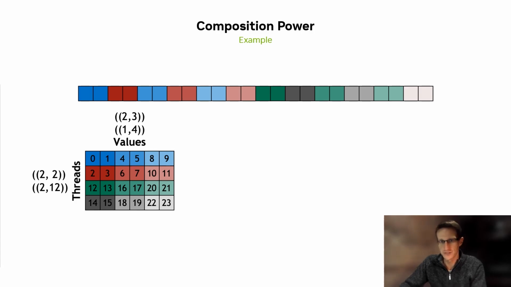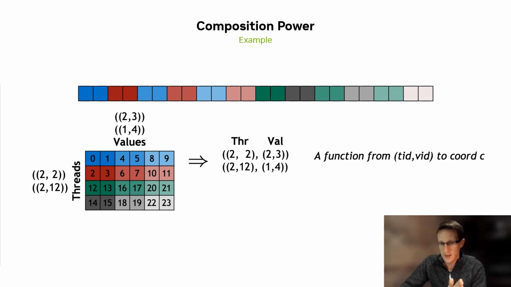Each thread wants to receive a different set of the 6 elements. Most importantly, the threads can also be described with a layout. Now we have 2 layouts, the thread layout and the value layout. Combining these, we create the thread value layout, which is a function from thread ID and value ID to a coordinate in the vector.